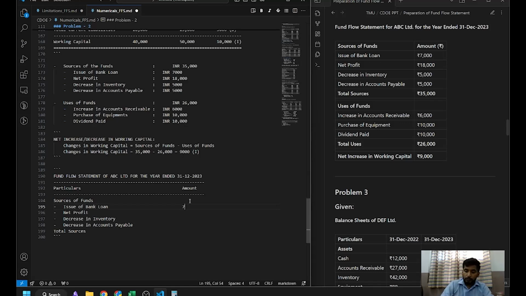Issue of the bank loan, that is 7,000. Net profit is 18,000. Decrease of the inventory is 5,000. And decrease in the accounts payable is again 5,000. So total sources are rupees 35,000.